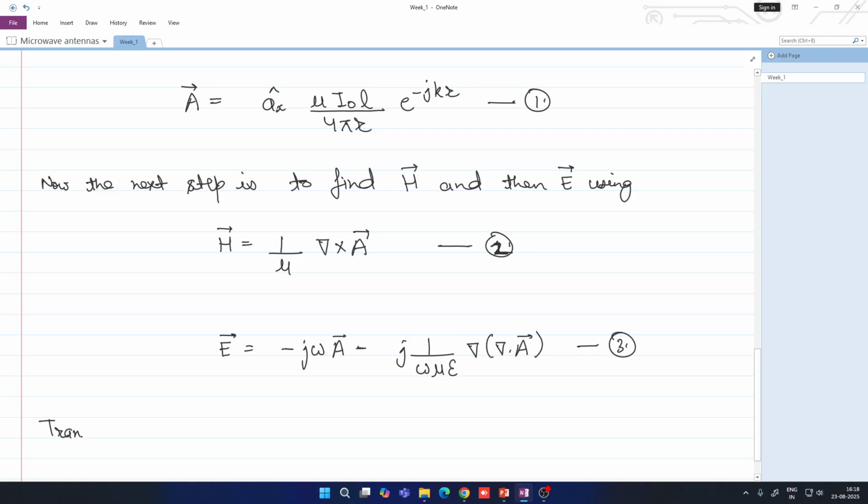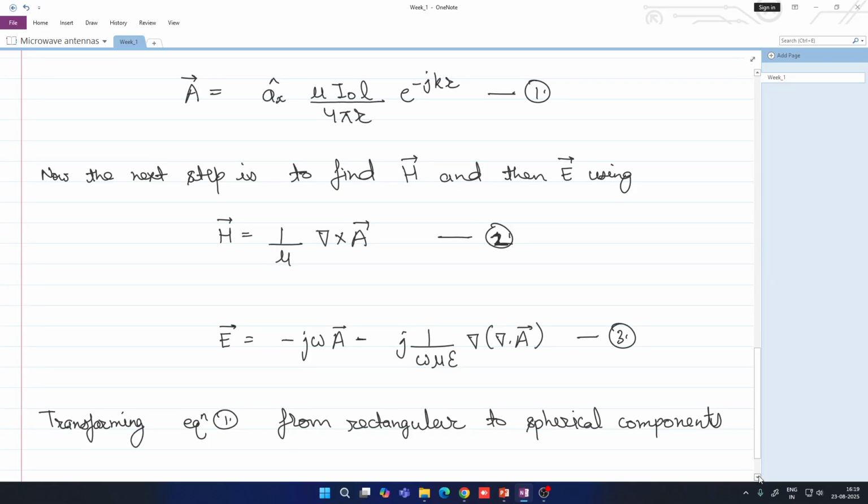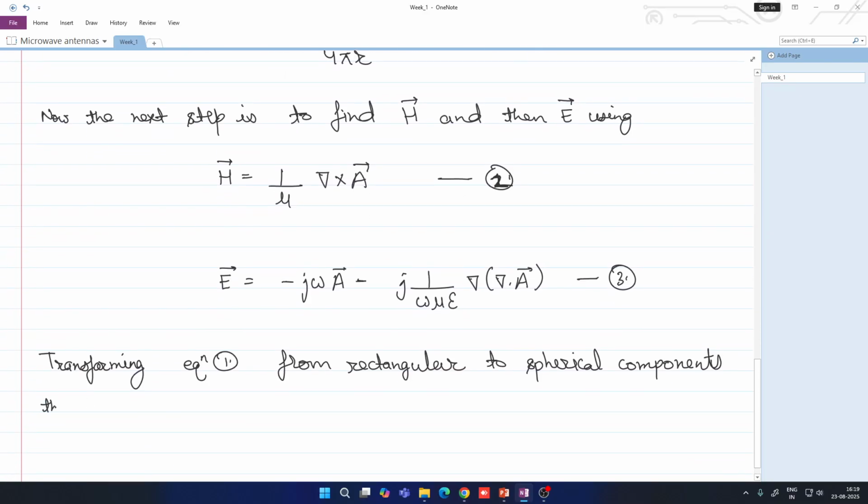So transforming equation 1 from Cartesian or rectangular to spherical components, then use equations 2 and 3 to calculate the radiated field.